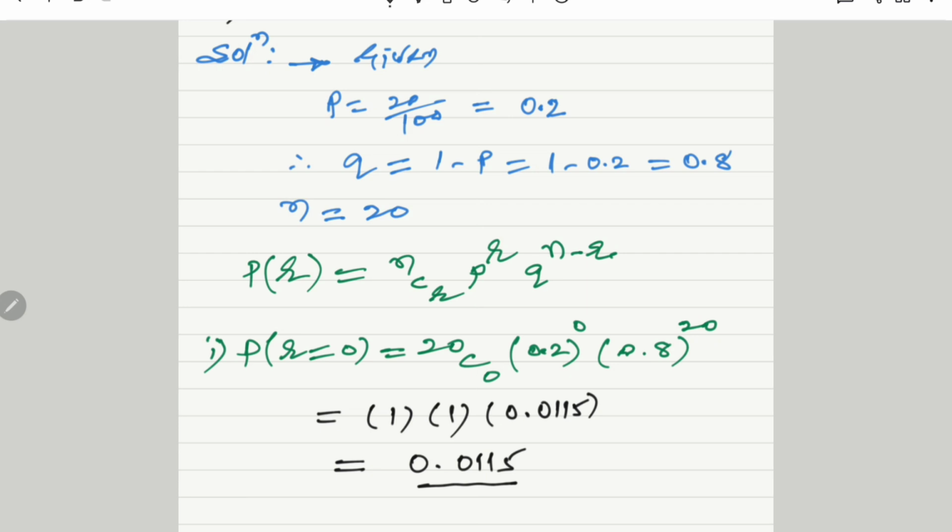Then we go for the second probability for exactly 2 screws defective, and by formula it is NCR, N is 20, R is 2, P is 0.2 raised to R is 2, Q is 0.8 raised to N minus R, 20 minus 2, we get that quantity as 18.